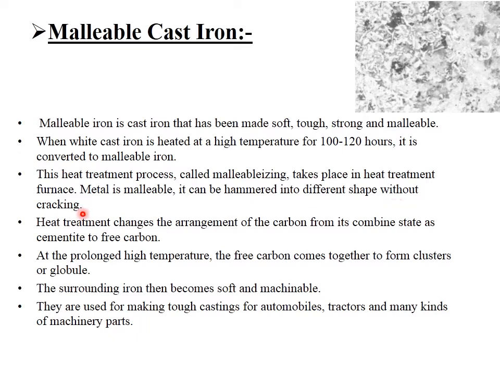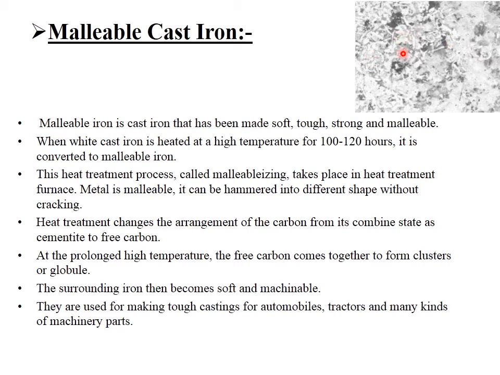The combined form of carbon is converted to free carbon. The combined state as Fe3C, the cementite, gets converted to free carbon at high temperature with enough time, because you give enough time to make sure that all the combined Fe3C gets converted to free carbon. Whatever iron you get, that is malleable cast iron.